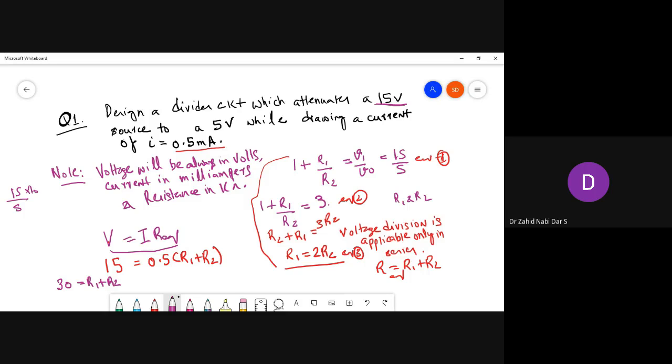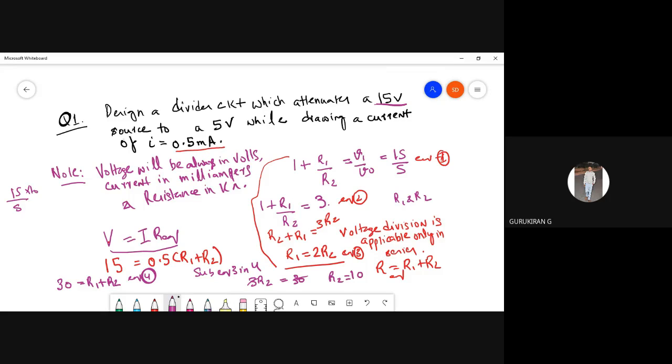If you substitute the R1 value from equation 3 in equation 4, what value do I get? I get 3R2 is equal to 30. In other terms, R2 is equal to 10.